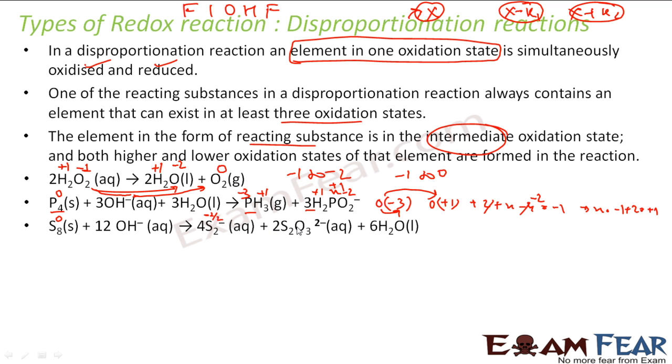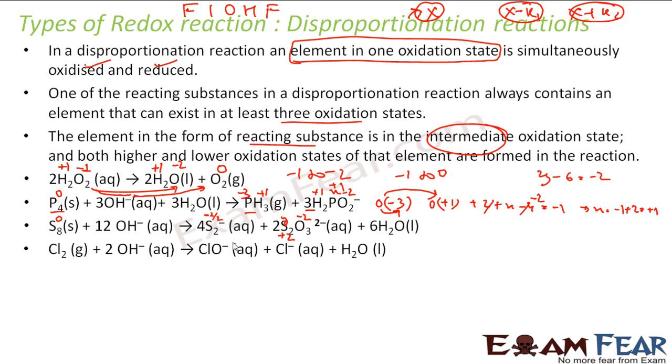Let's solve this. Apply the formula. Oxygen is -2, so -2 into 3 is -6. Let's assume sulfur is y. So 2y minus 6 is equal to -2, so y is +2. Right? So you see 0 became +2, and 0 became -1/2. So one got oxidized, one got reduced.